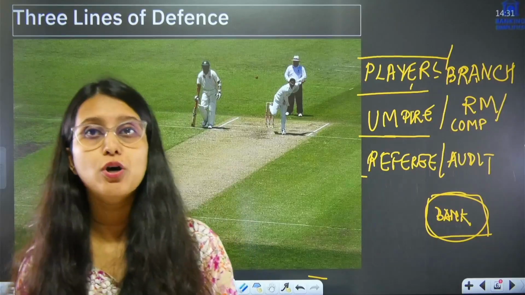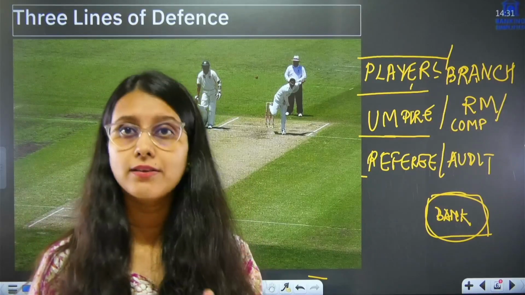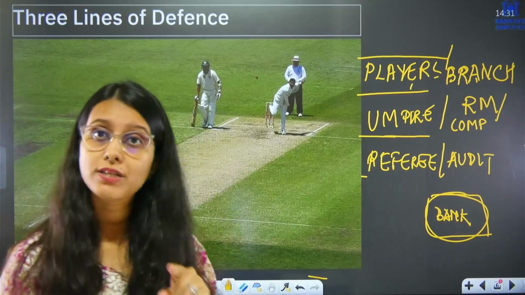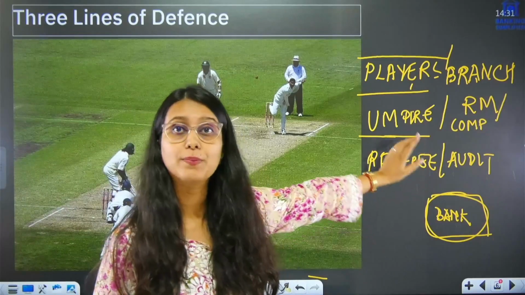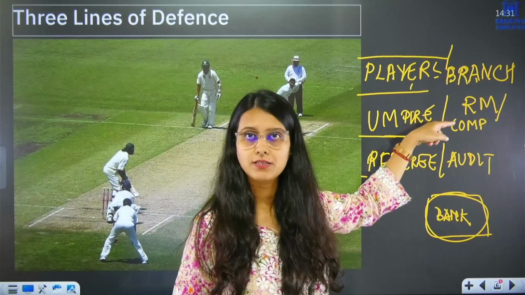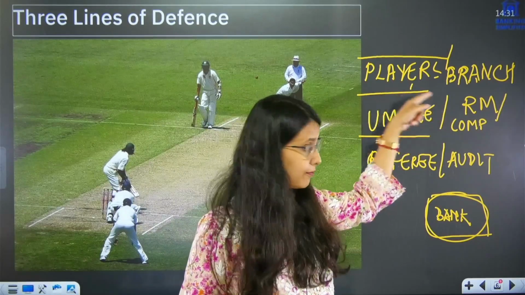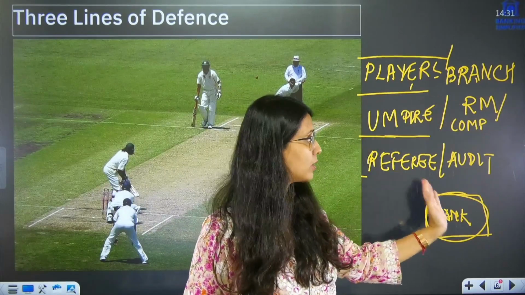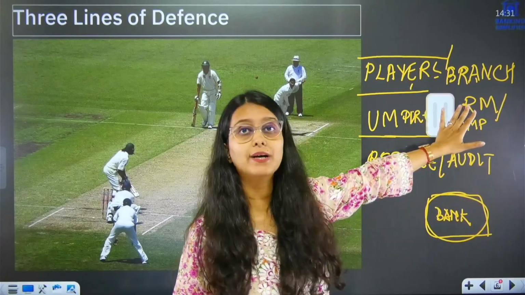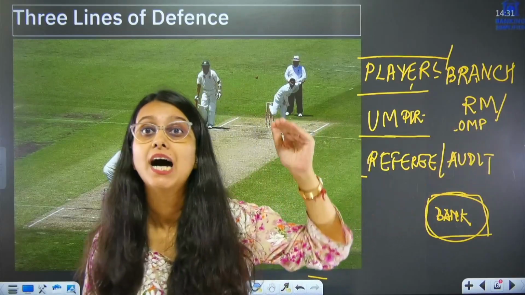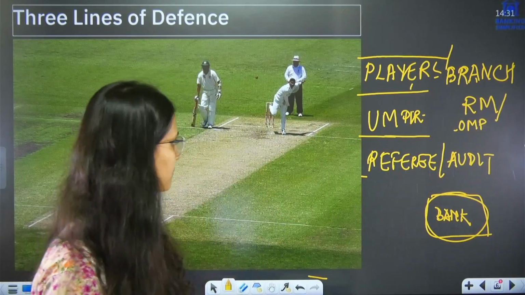You have to make sure that you are taking the right rate of interest, you are choosing the right products for the customers, because you will have to be compliant with the bank's policies and rules. And if that is not happening, then audit is going to point that out for you, trying to protect the bank, and you have to again make sure that things are aligned completely. Okay.